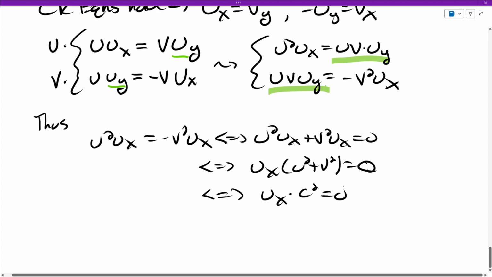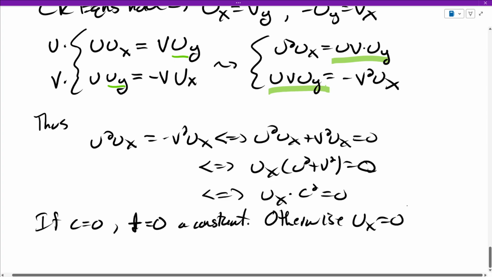Either the constant itself is 0, in which case f always has a modulus of 0, and the only value that has a modulus of 0 is 0, so f is the 0 function. So if c equals 0, f is identically 0. In particular, f is constant. Okay, so that's fine. Otherwise, ux is 0.